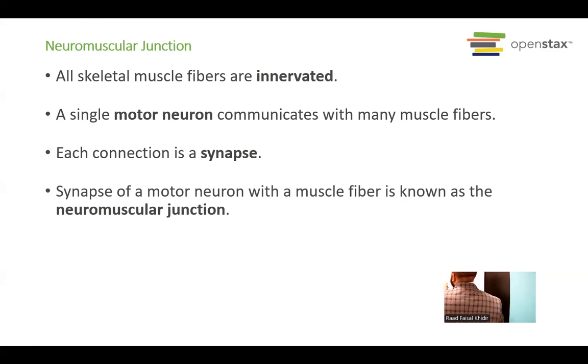It opens the channel, and that causes the influx of sodium, and that's going to cause the action potential to travel down the T tubules, transverse tubules, and go to the cisterns of the sarcoplasmic reticulum. It's going to cause calcium to be secreted. Then after calcium is secreted, it's going to bind troponin, and troponin is going to pull away tropomyosin, exposing the active site in order for the contraction to happen.